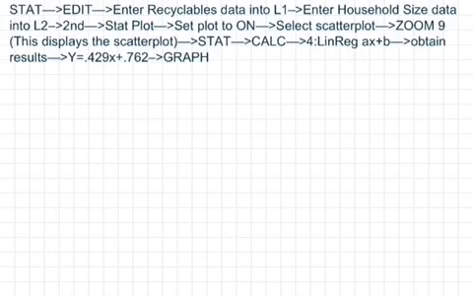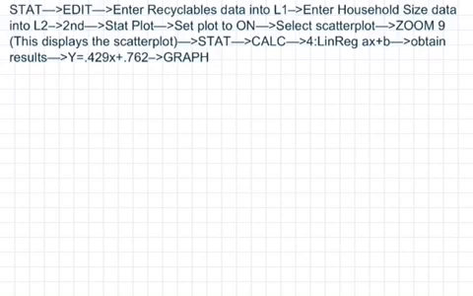Stat edit, enter the recyclables data into L1, enter household size data into L2, press second, stat plot, set plot to on. Select scatter plot, then press zoom 9, which displays the scatter plot.